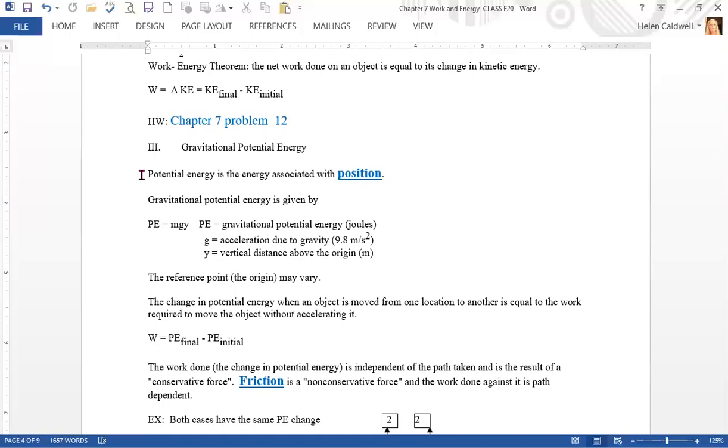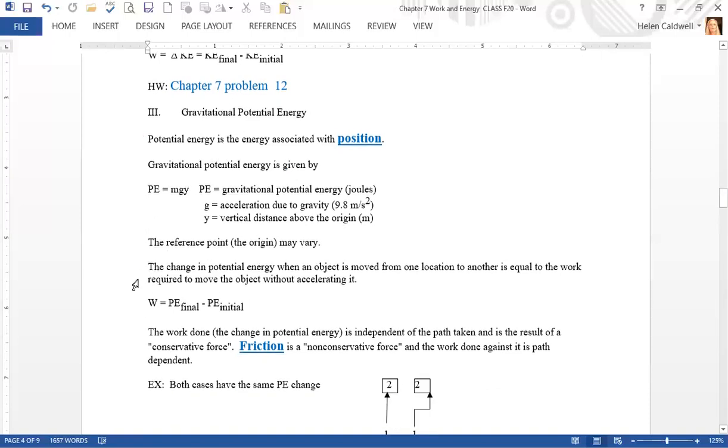Your stored energy will turn into energy of motion. So the formula for potential energy is PE equals mgy, mass times acceleration due to gravity times your vertical distance above your origin. So mgy will equal your potential energy. You need to know the formula for kinetic energy, and you need to know the formula for potential energy.